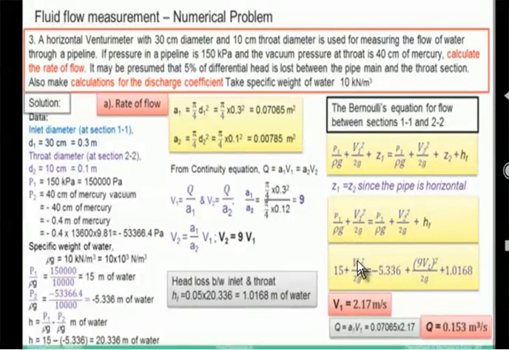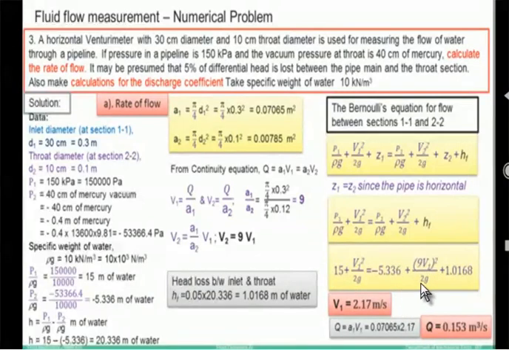Next, we have to substitute all the values, p1 by rho g and p2 by rho g. Already we found out 15 and 5.336. So v1 square by 2g is as it is. Again we know that v2 is equal to 9 v1, so v2 square becomes 81 v1 square by 2g, plus 1.016. So we have to simplify it here.